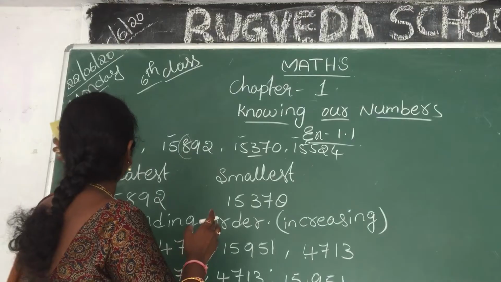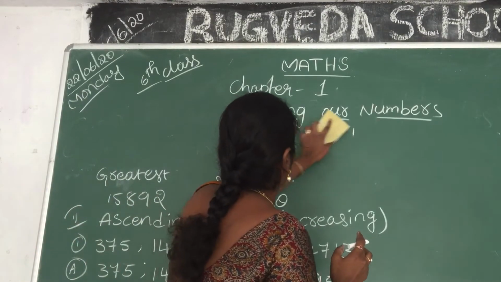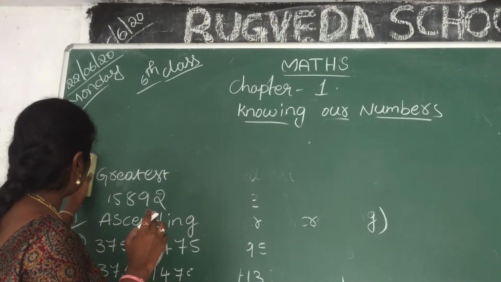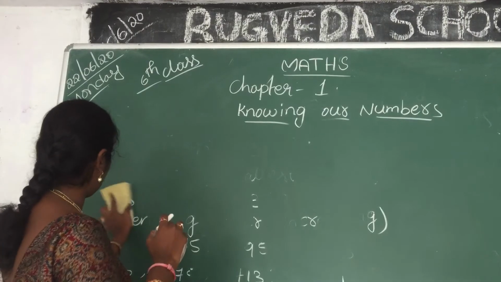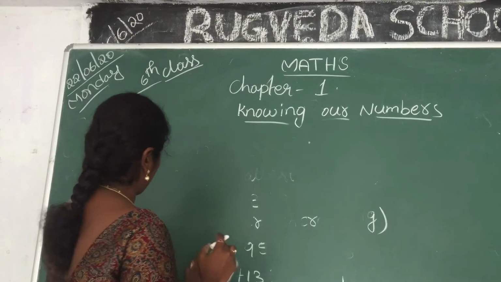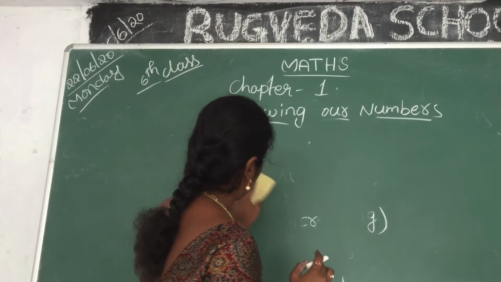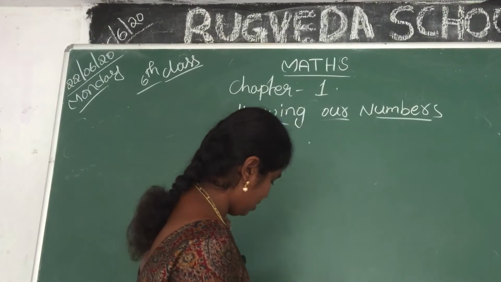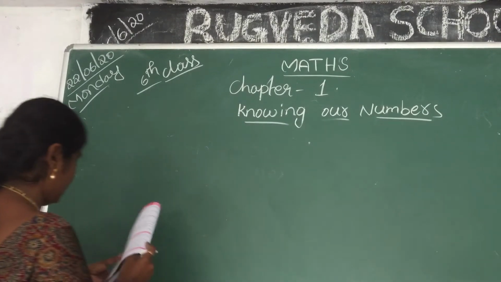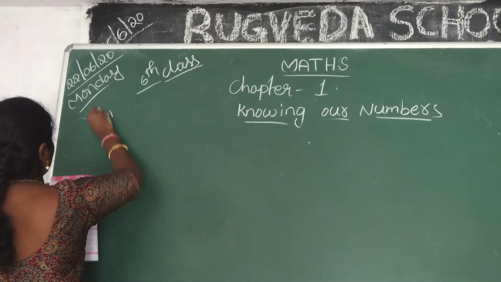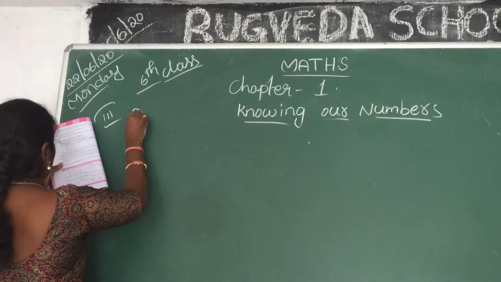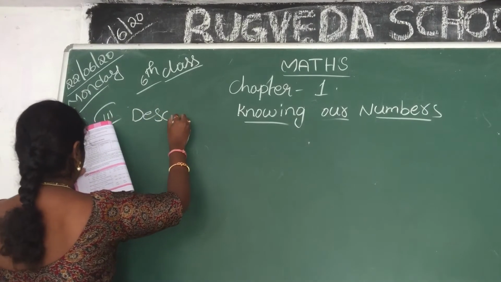Now I am going to third bit. Children, everyone compulsory have to buy the books, then only you know the problems. Next bit, third bit. Third bit is descending order.